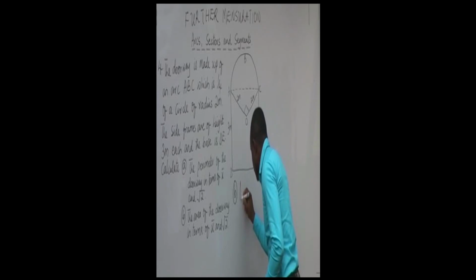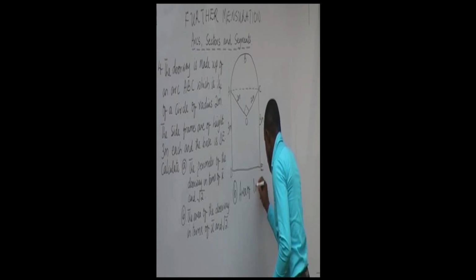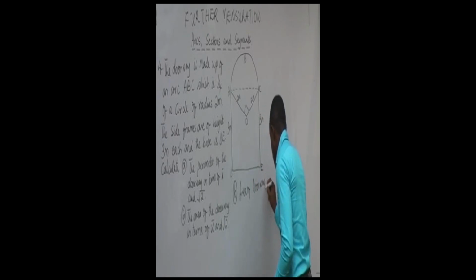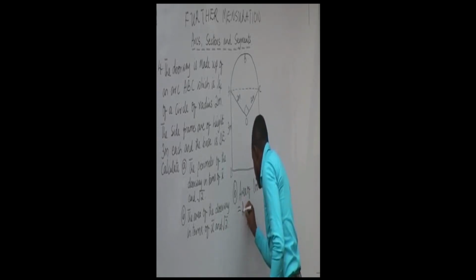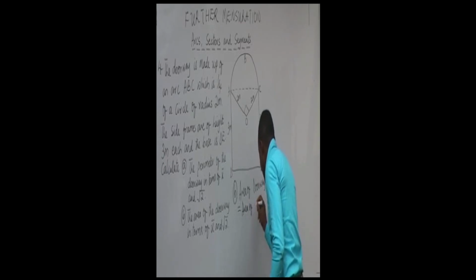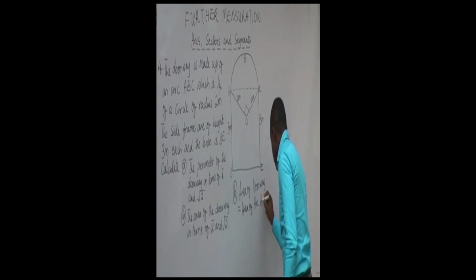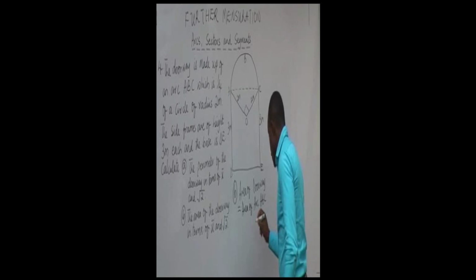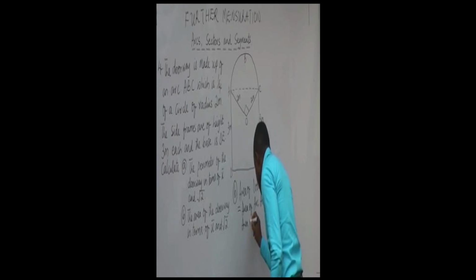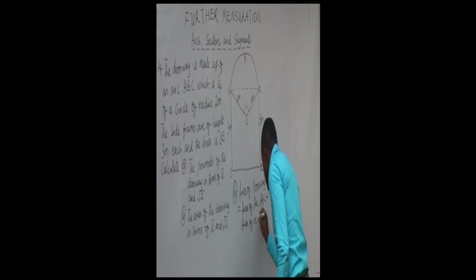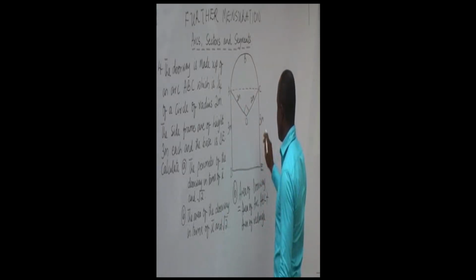Area of doorway is equal to area of arc ABC plus area of rectangle ACED.